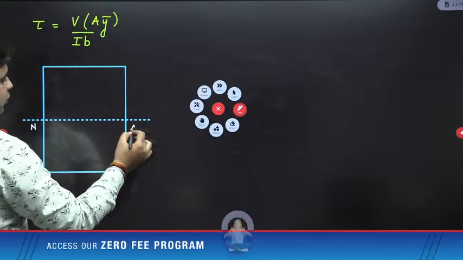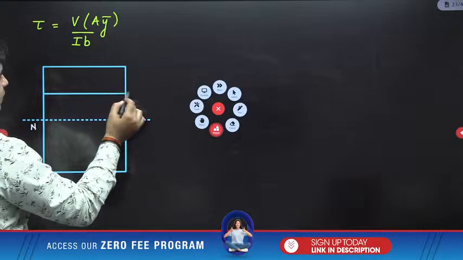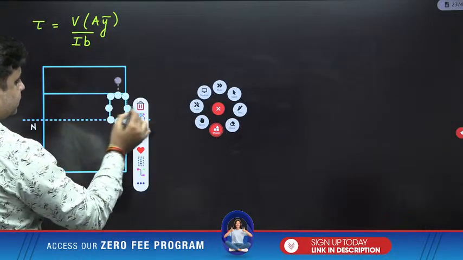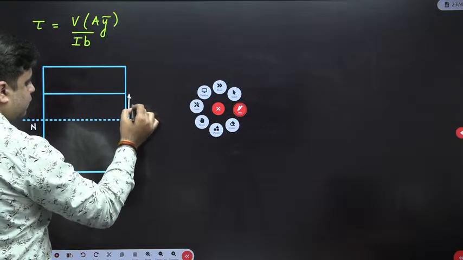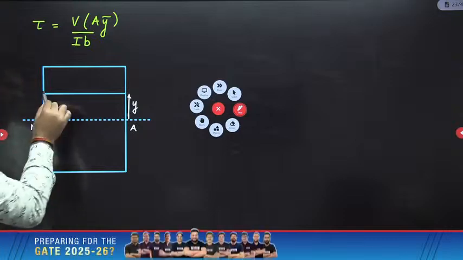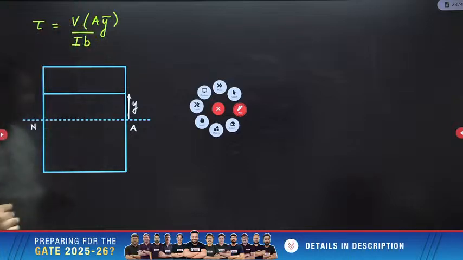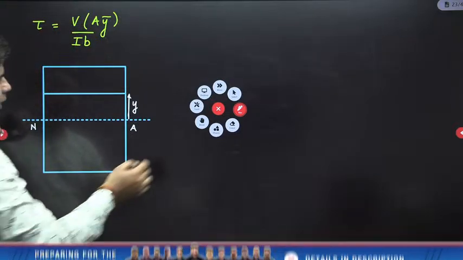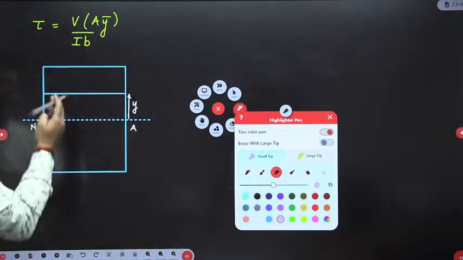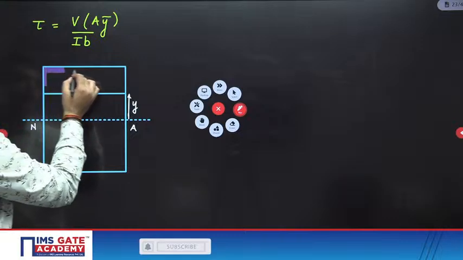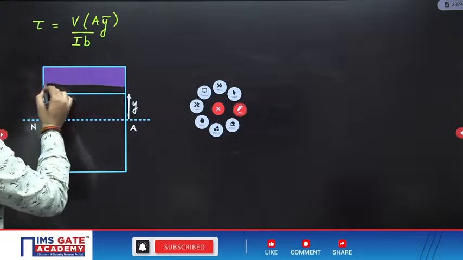So if I have to find out the value of shear stress at a fiber which is situated at some distance y from the neutral axis, if I want shear stress over this fiber, that is equal to total shear force V into A y bar. A is the area above the fiber till the extreme fiber, meaning whichever is the nearest extreme fiber to this fiber, till that you need to take the area. So this is A.